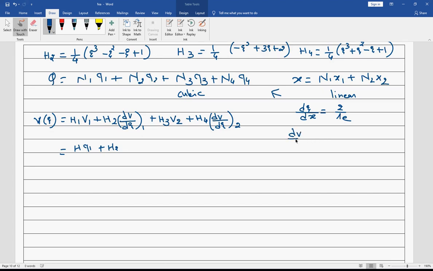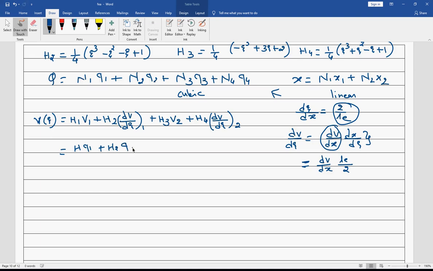So dv by d xi is equal to dv by dx times dx by d xi. Now dv by dx is actually a q at that particular location, because x is a coordinate and v is a vertical displacement. And dx by d xi, which we have already calculated, will be Le by 2.